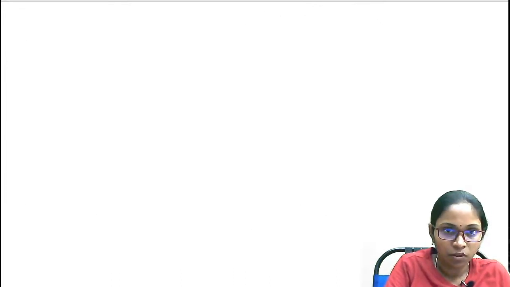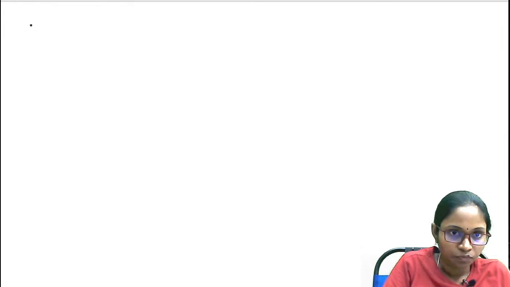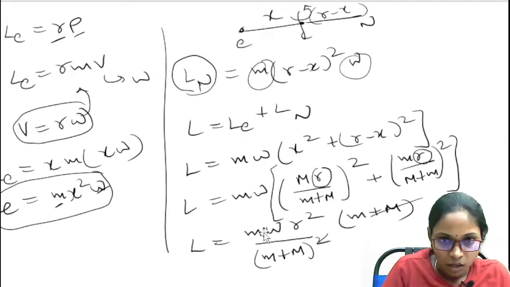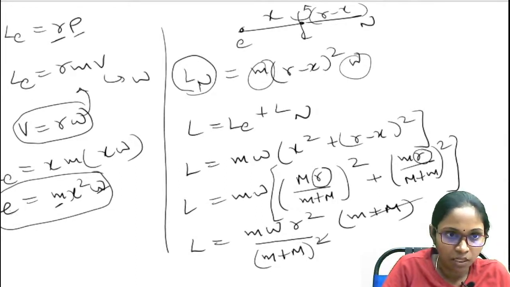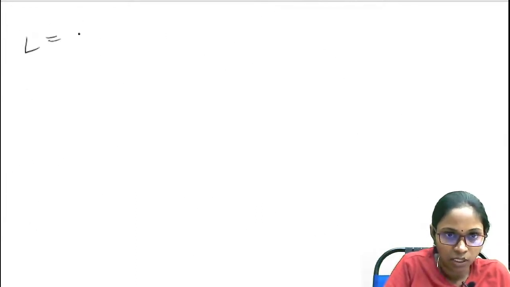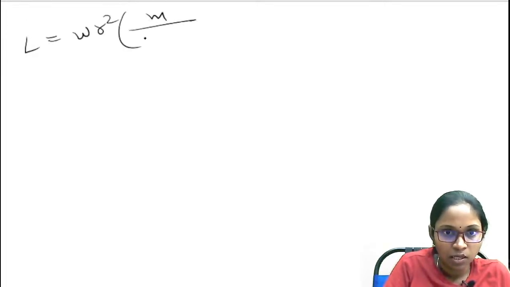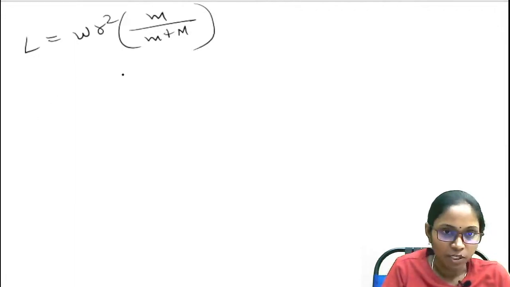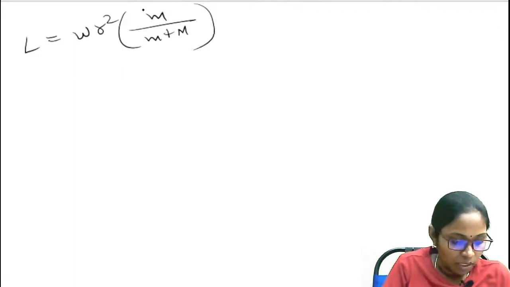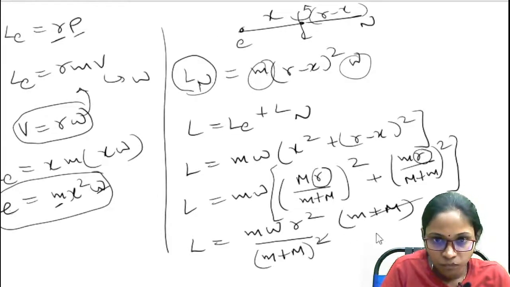If we cancel this out, what are we left with? Angular momentum is omega r square, I'm taking omega r square outside. We are left with m by small m plus capital M.